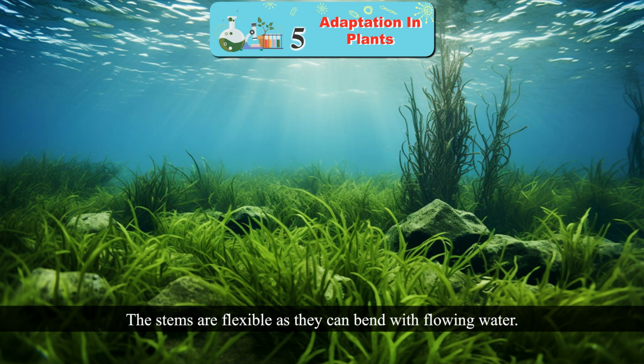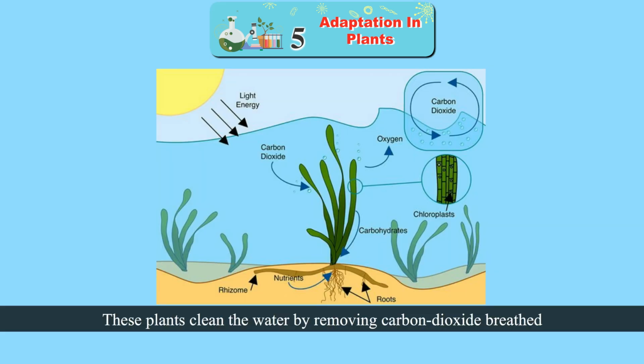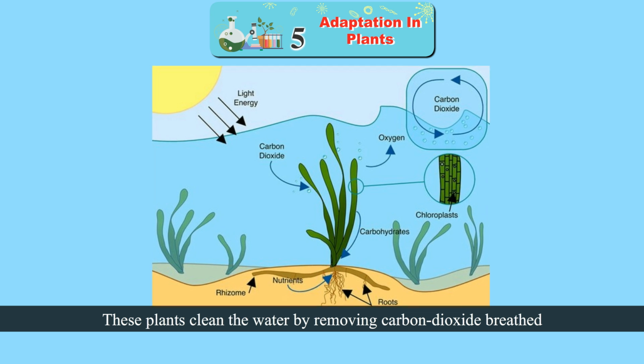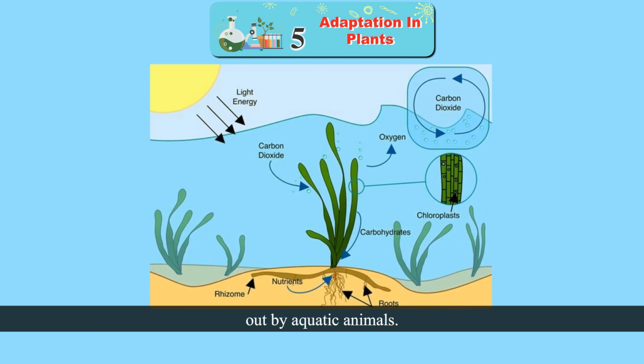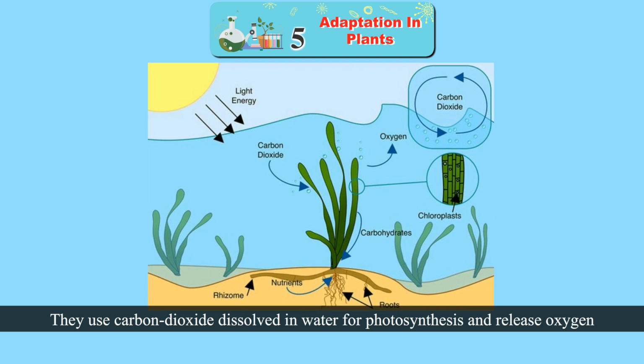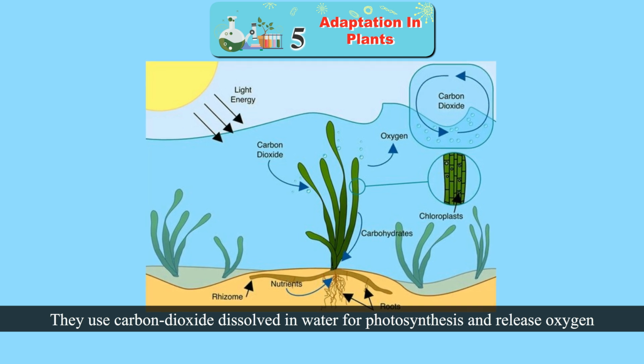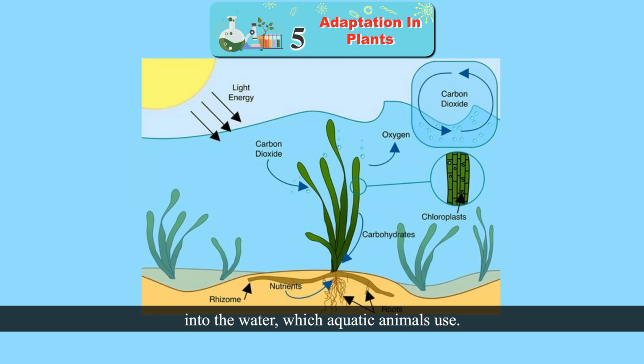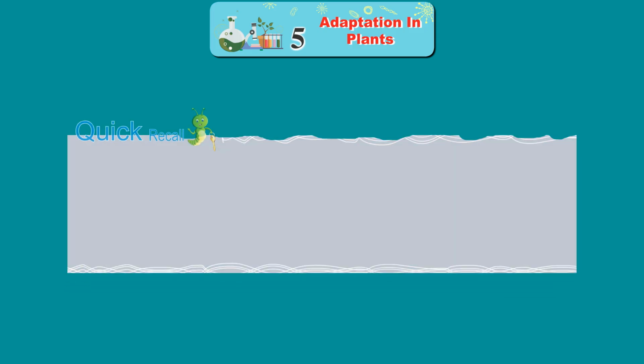The stems are flexible as they can be bent with flowing water. These plants clean the water by removing carbon dioxide breathed out by aquatic animals. They use carbon dioxide dissolved in water for photosynthesis and release oxygen into the water, which aquatic animals use.